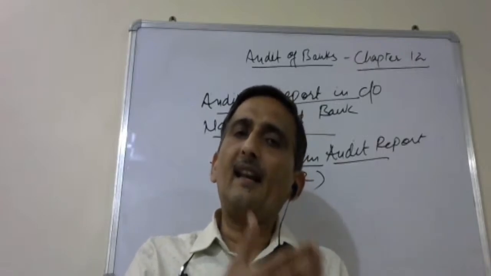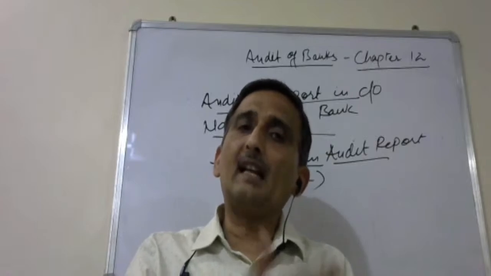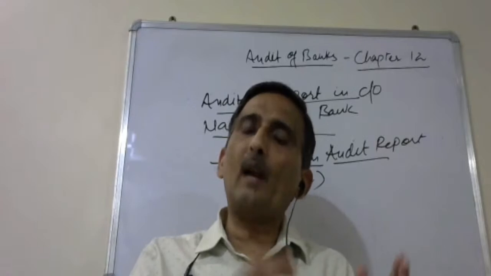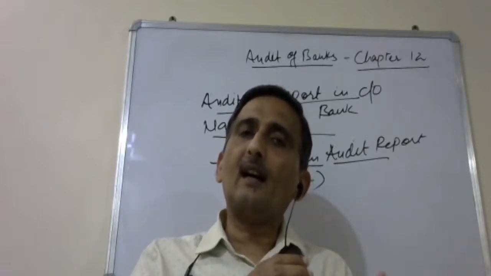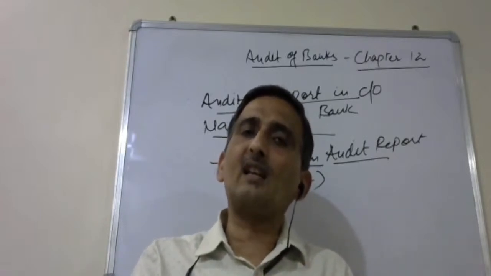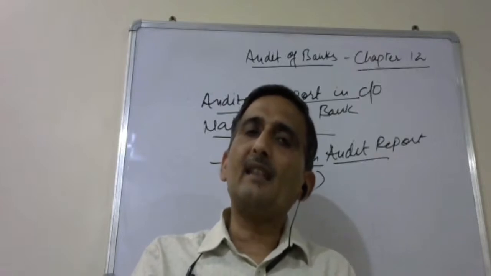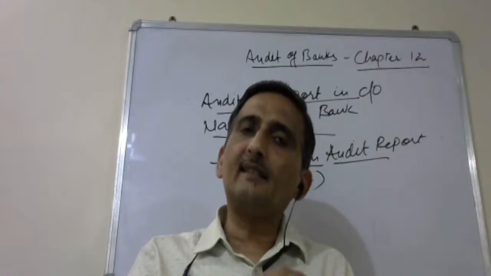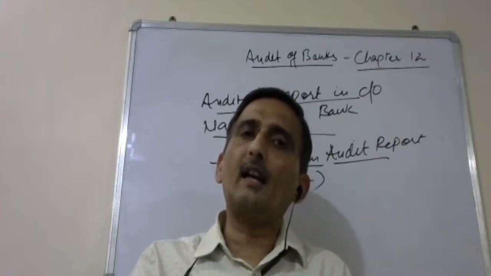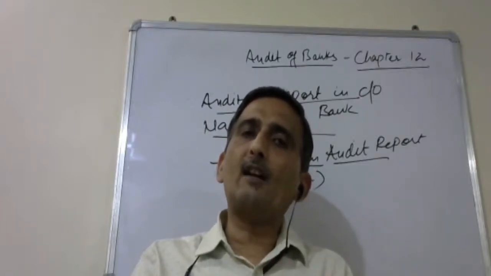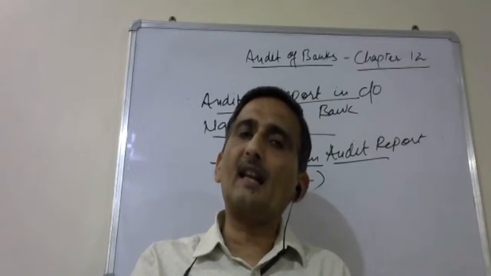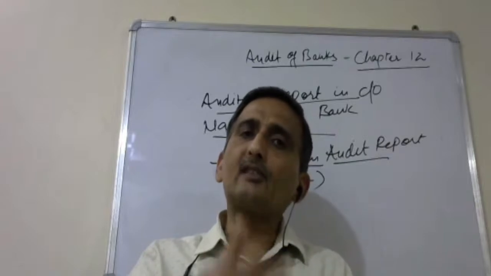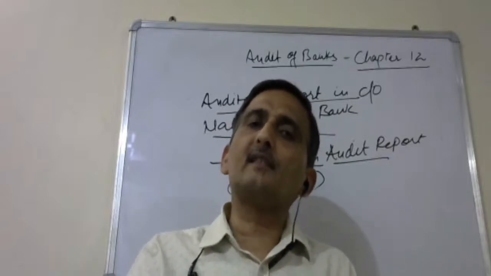Like it contains points relating to cash, to bank balances, to advances, like how is the system of credit appraisal in the branch, list out the advances examined for the audit, and shortcomings found by the auditor in credit appraisal.